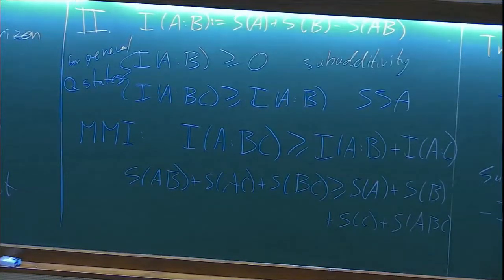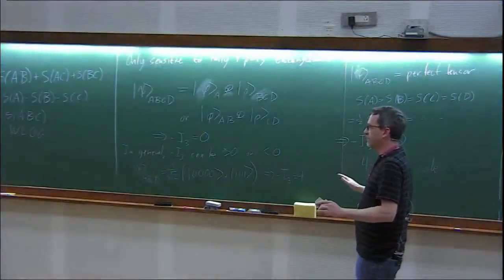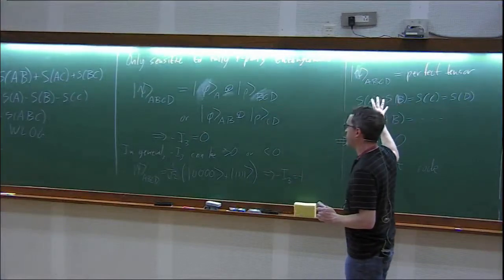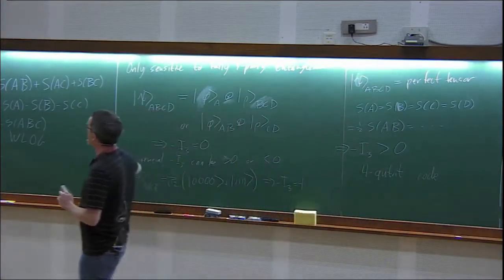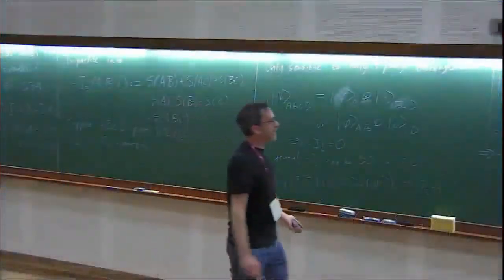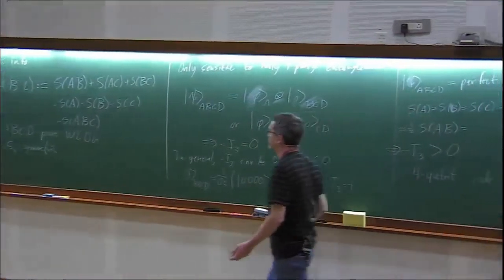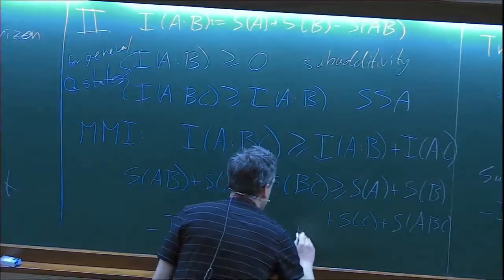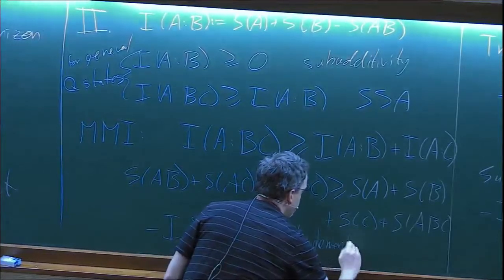The first thing is that if, very crudely, you take these as the prototypical types of four-party states, and in fact the world is more complicated than that, but if we take these as the prototypical kinds of building blocks, then this inequality is telling us, which I can now write in this form, that perfect tensor type entanglement dominates over GHZ type entanglement. Roughly speaking, it seems to suggest that.